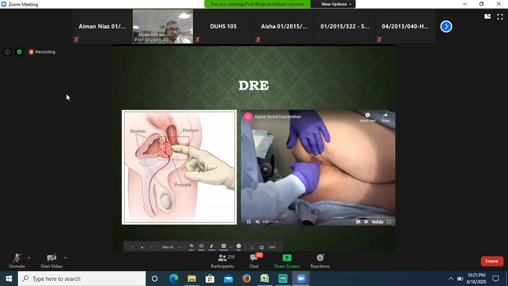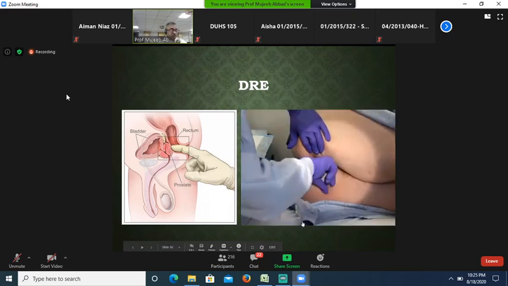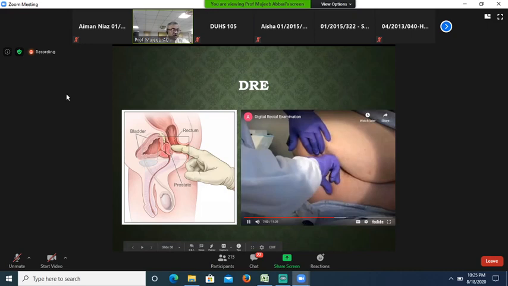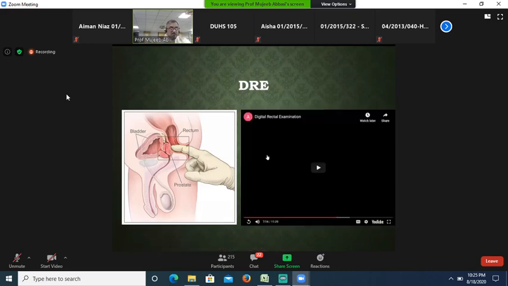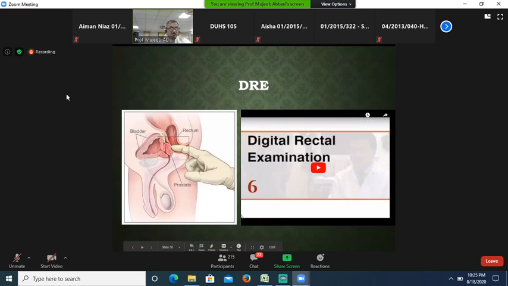Now is the prostate. Just focus on it. That's basically what we should be doing when we are examining. We should concentrate on the prostate.